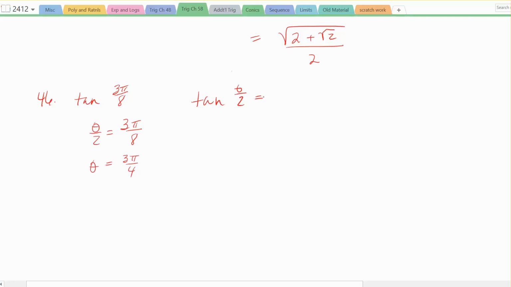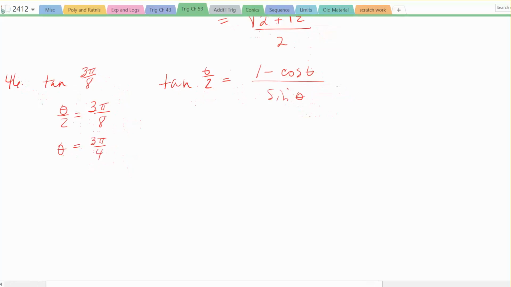So now we're going to apply the half-angle formula for theta. And remember, we've got 3 choices to use. I'm going to choose the one that has 1 minus cosine theta in the numerator and sine theta in the denominator, because I wanted a denominator with a single term and not an addition. So I've got in the numerator 1 minus the cosine of 3 pi over 4, all of that divided by the sine of 3 pi over 4.